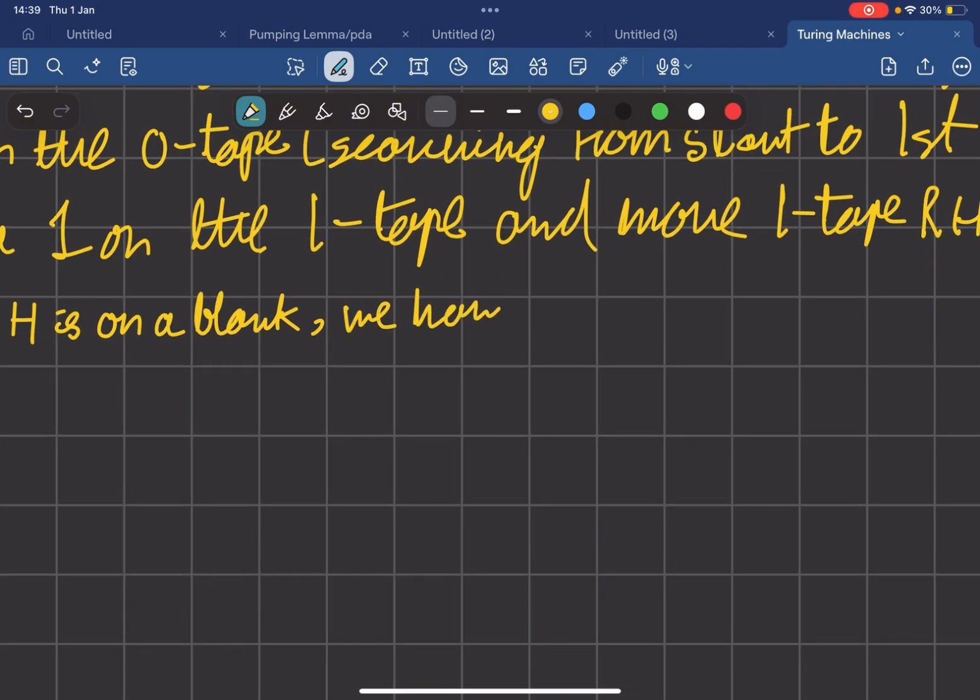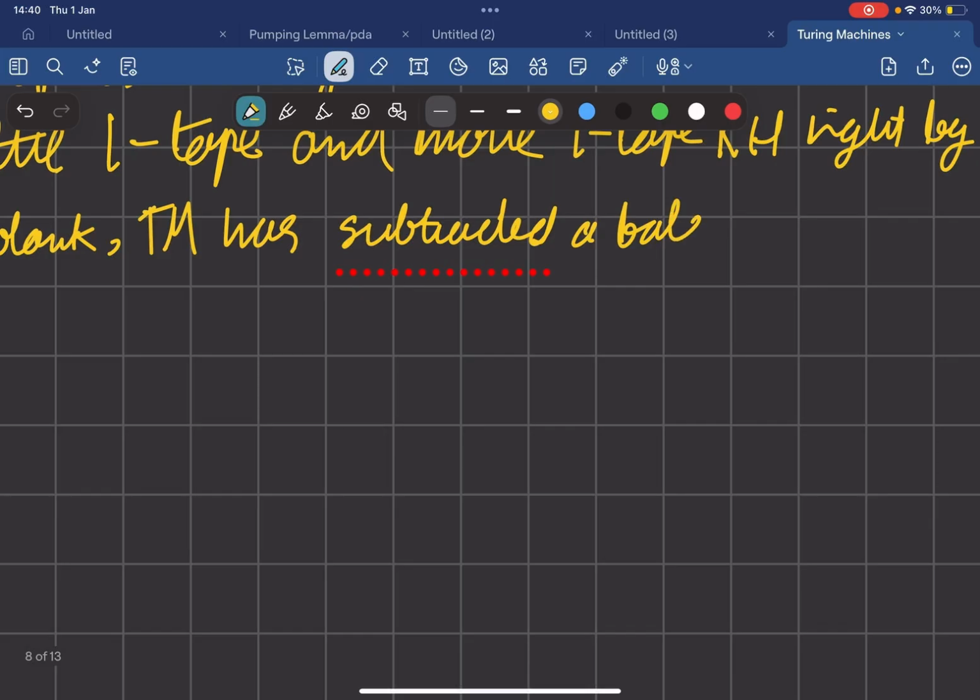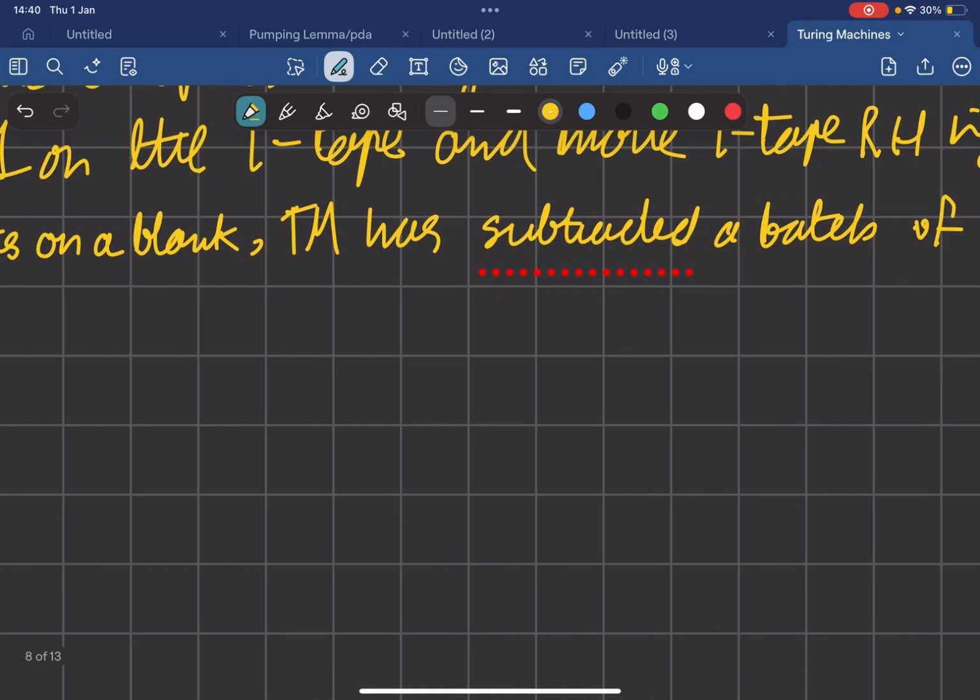We have subtracted, well, not we, but the TM, a batch of zeros.